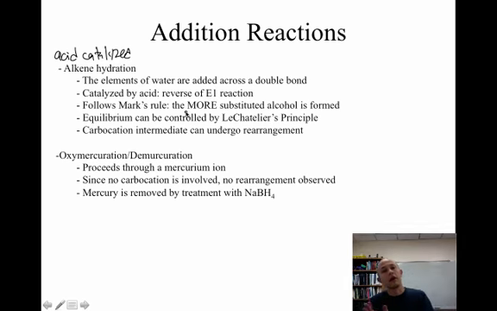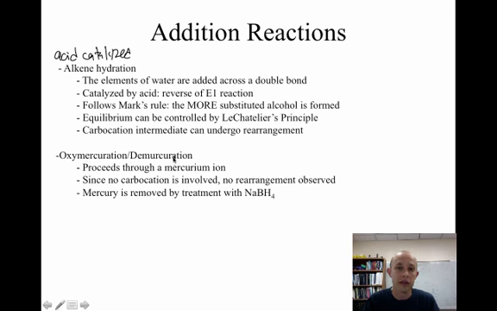It's the reverse of the E1 reaction, so we can influence the reaction depending on how much water is present. Like I said, the equilibrium can be controlled by Le Chatelier's principle. But the downside to this reaction is that the carbocation that's generated is prone to the types of rearrangements that we're already familiar with. In order to avoid those rearrangements, we can choose to do an oxymercuration demercuration.